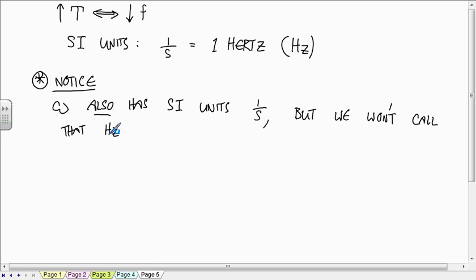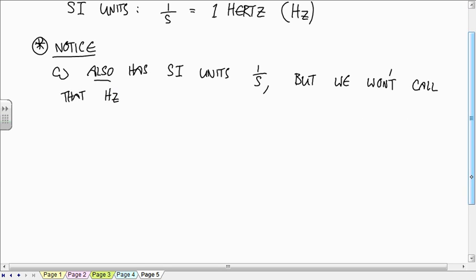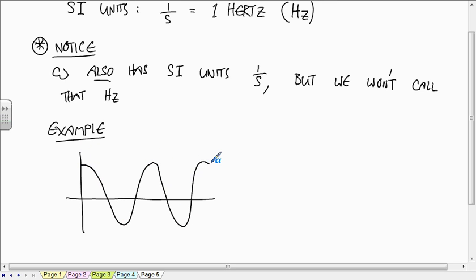Okay, any questions about that? Let me do one quick example of going back and forth between these. Let's say you were given a cosine graph like this, where this is positive 10, this is negative 10.